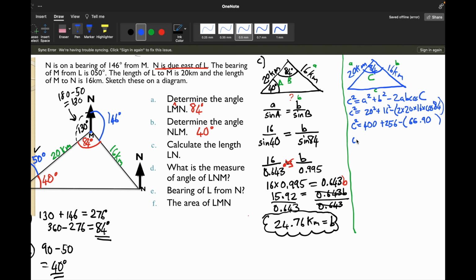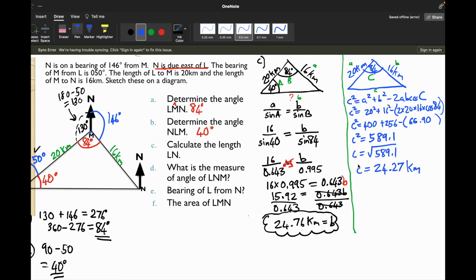So then I could say c squared is equal to, when I add this up, 400 plus 256, take away 66.9. So that gives me 589.1. Now, I need to find the square root of this. So the square root of this is, drum roll, 24.27. So you see it's a little off, but it's right there. So it's close enough for our liking, right?